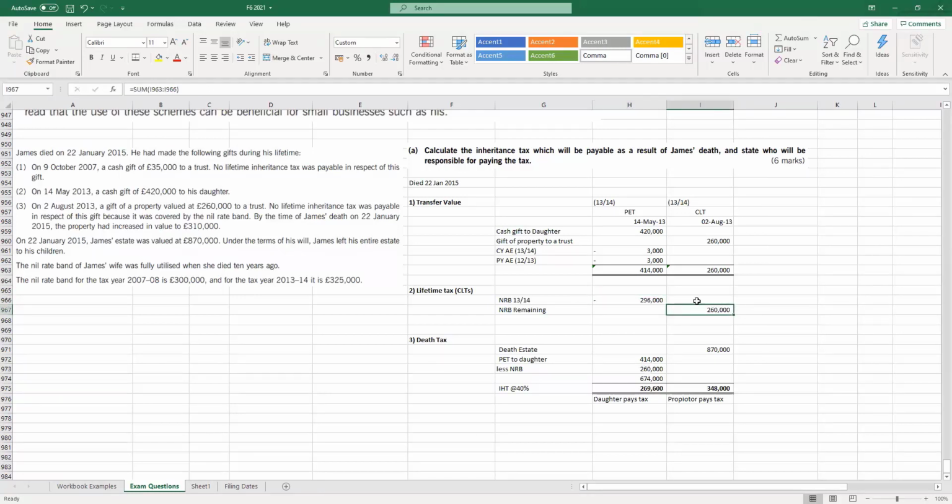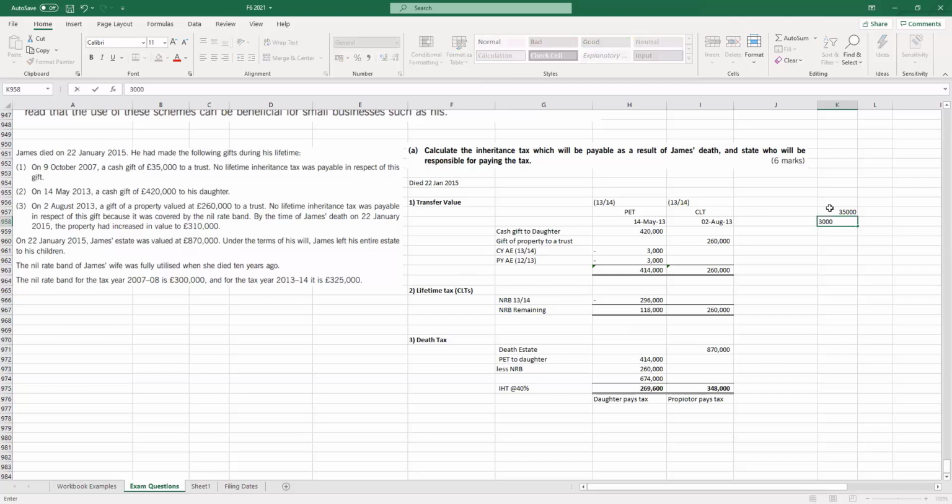Can I just take control on the screen? Let me just show you how I would do it. So that top bit is fine. Somewhere here, I would put the whole 35,000 less 3,000, less 3,000 gives me 29,000.